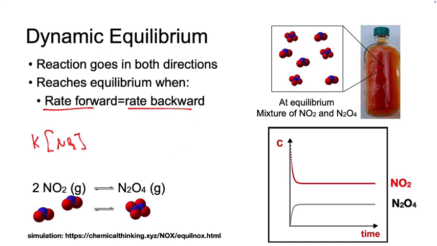We're going to ignore order just for simplicity. And we're saying this is going to equal what? The rate backwards. What's the rate for the backwards reaction? K, awesome. Is it the same K? No, it's a different K because that K is looking at a different chemical reaction.